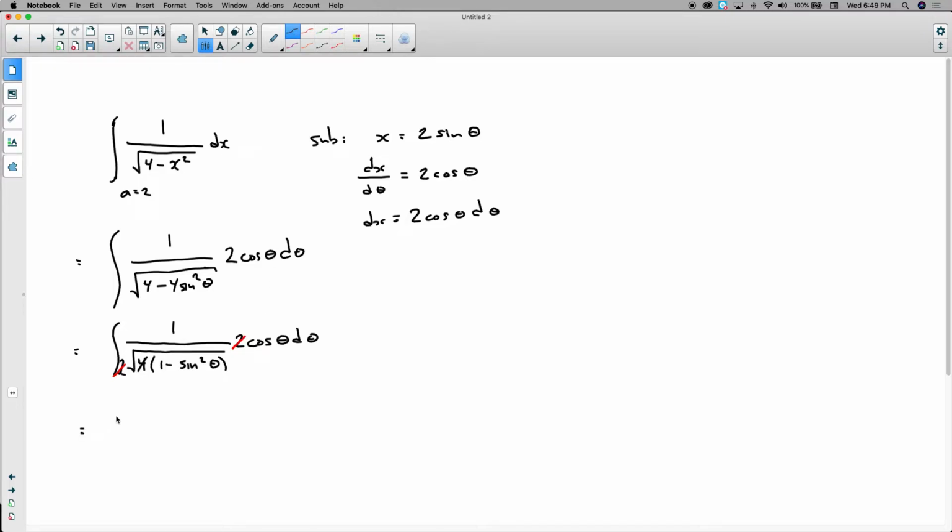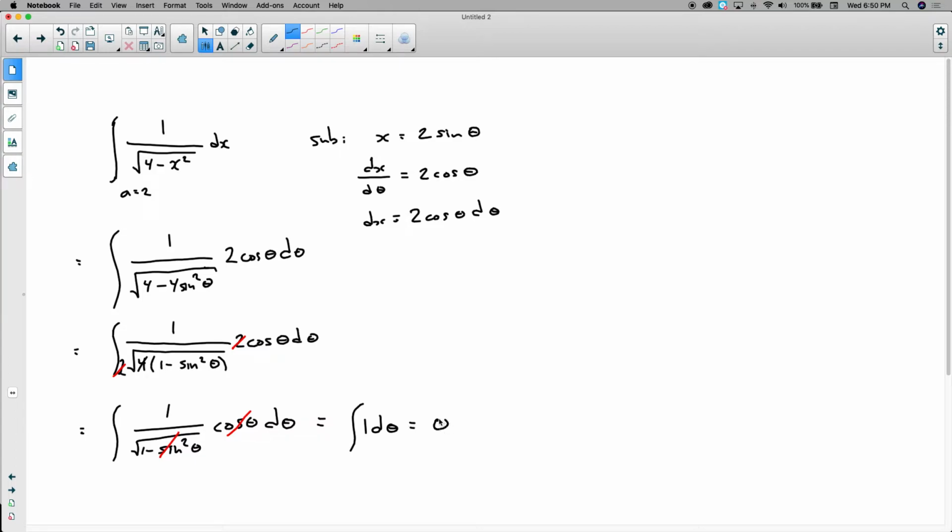All right, so then this one's getting nice as well. I've got 1 over the square root of 1 minus sine squared theta, times cosine theta d theta. And again, this is cosine squared, rooted is cosine, which kills off the cosine, saving us a step. That's very repetitive from the earlier problem.